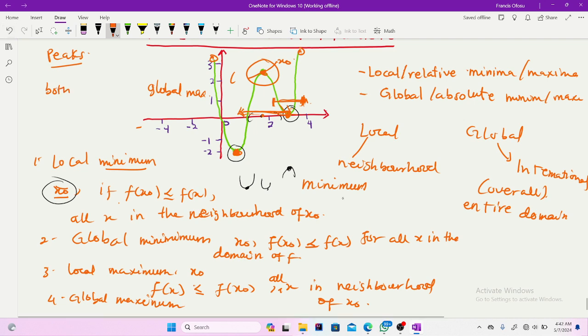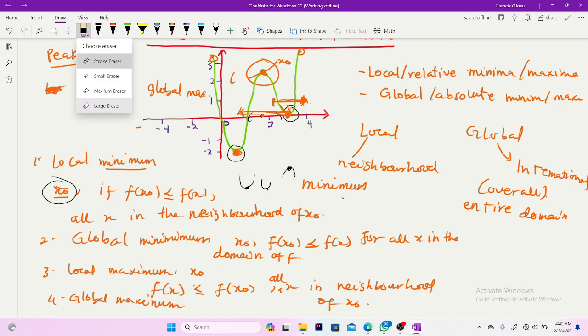But let's see, a point can be both. So let me give you these key takeaways. So one, a point can be both global and local minimum or maximum, right?